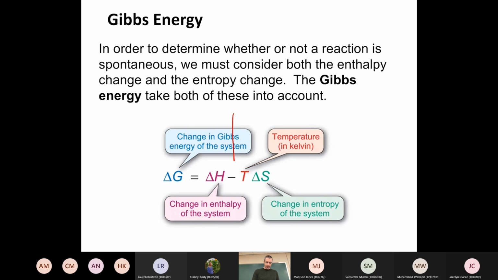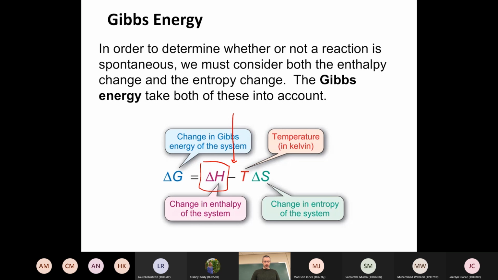And you can almost look at it like this: the equation for Gibbs energy is delta G equals delta H for a reaction minus T delta S for the reaction as well. What this does is it takes the delta H, which is really the enthalpy change of the system, but it's related to the entropy change of the surroundings.